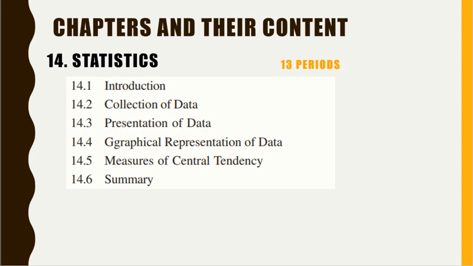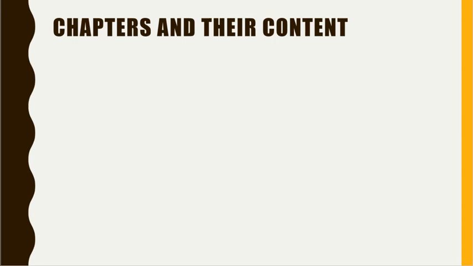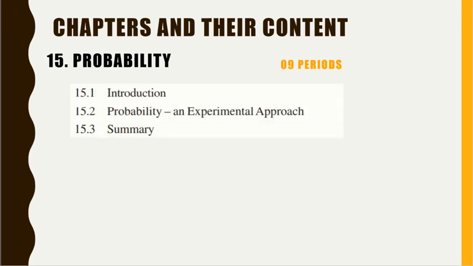Then the last chapter, called probability, is supposed to be taught in 9 regular periods. Subtopics are introduction, probability, an experimental approach, and further you will be having a summary.